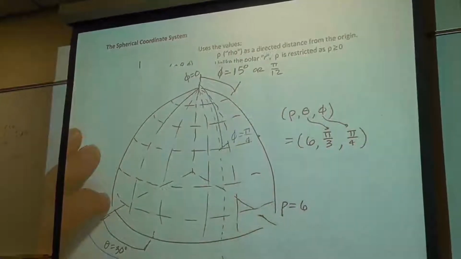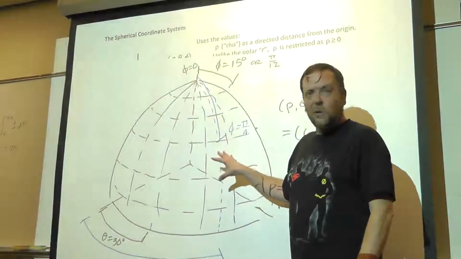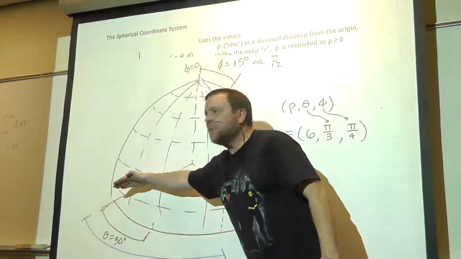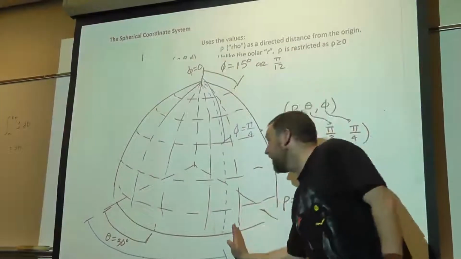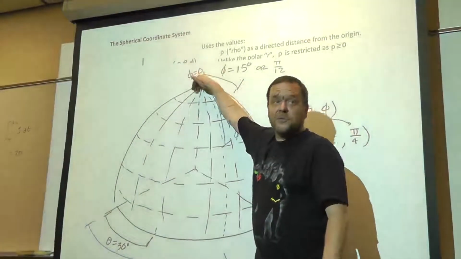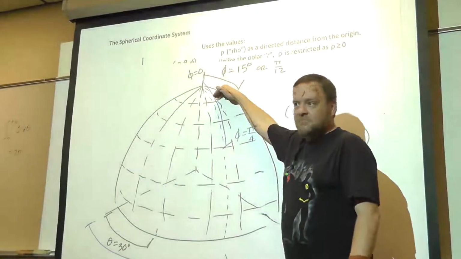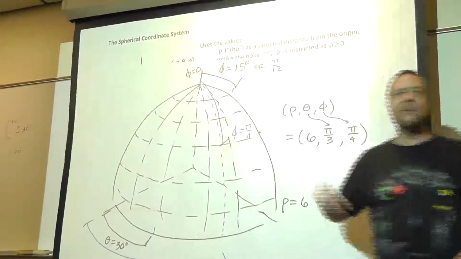So to locate that particular point in space, I'm on a sphere of radius 6, so rho equals 6. I've rotated from the positive x-axis to 60 degrees off the x-axis here, and then I stay on that spherical shell until I come off from phi equals 0, phi equals pi over 6, then pi over 4. I stop right there. That's the point that would describe in space.